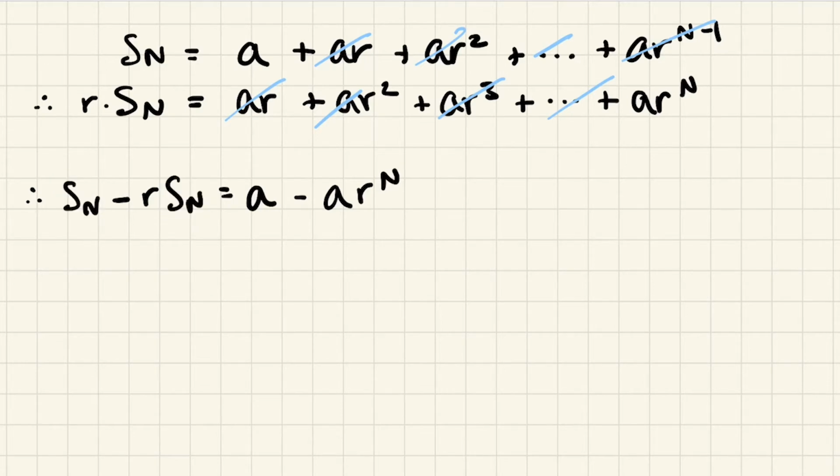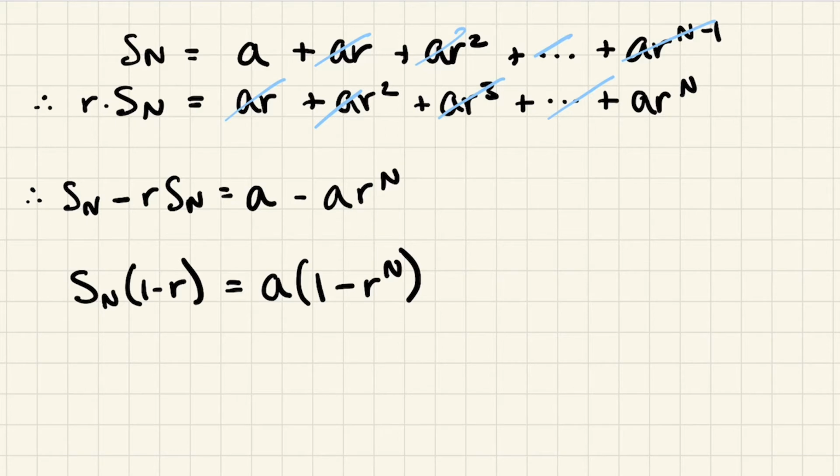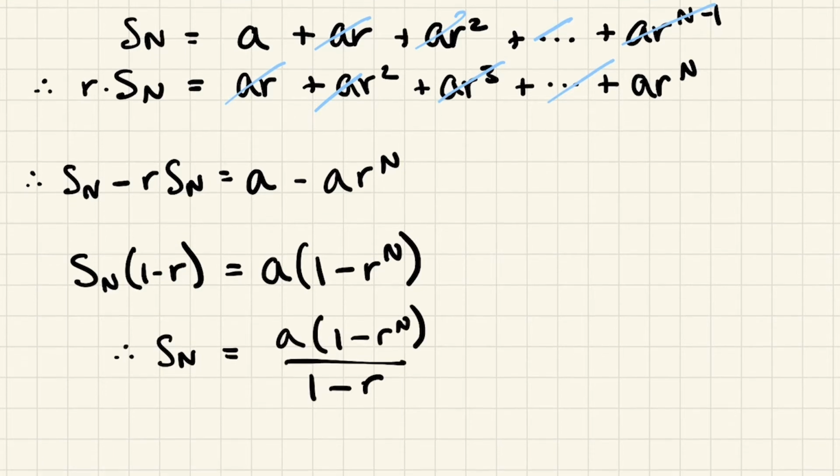So if we factor on the left, and we can also factor a out on the right, and now divide both sides by 1 minus r, we get our closed form. So what does this mean?